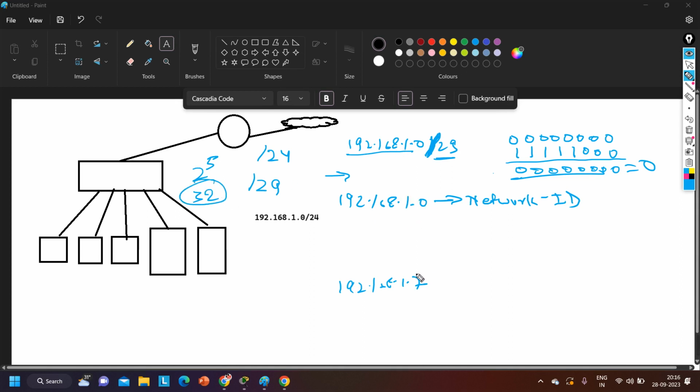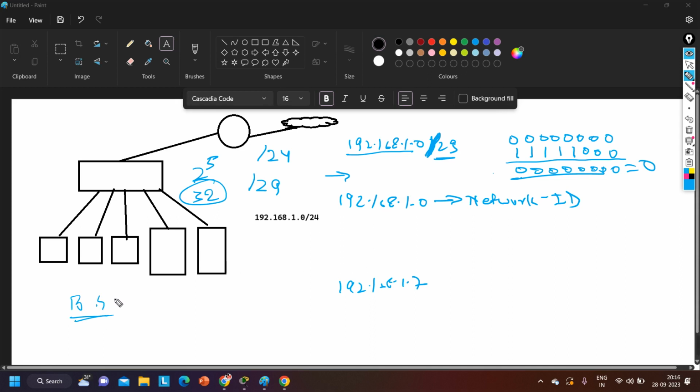Now how do we find the next network? For that you have to find the block size. What will be the block size? Block size means the size of my network.